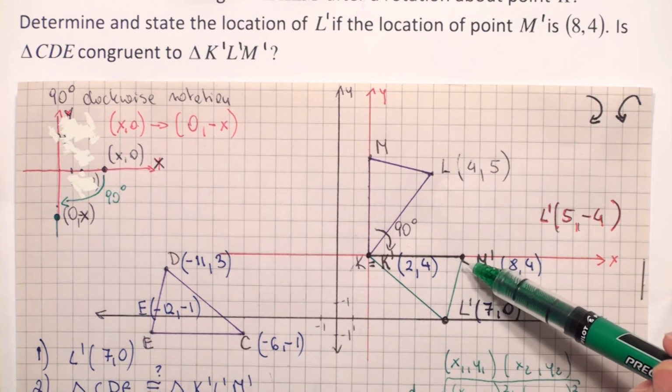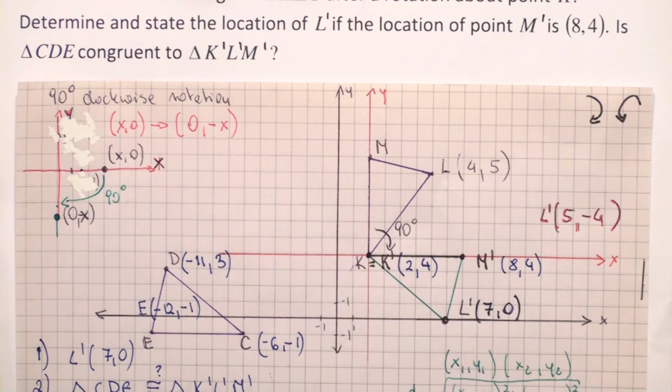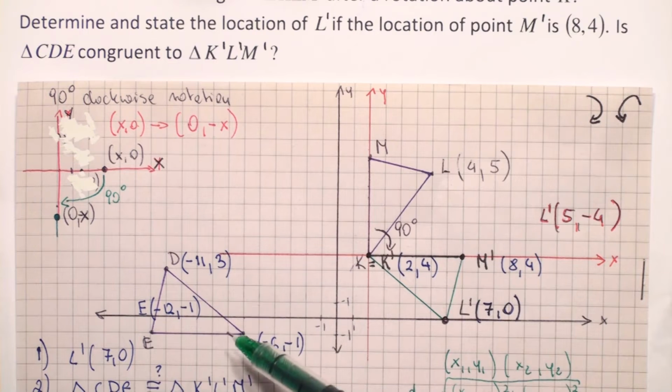So when we calculate the distance between these points, we will have the sides of triangles K prime, L prime, M prime and CDE. And when we have the sides of the triangles, we will see if we have congruent sides.